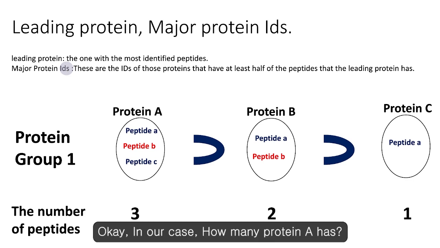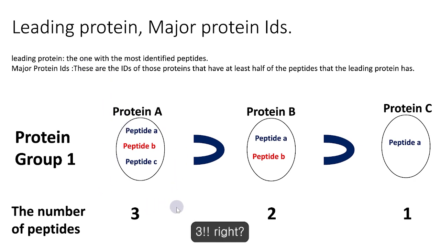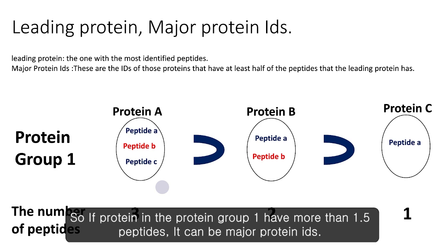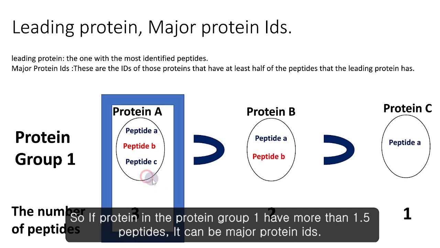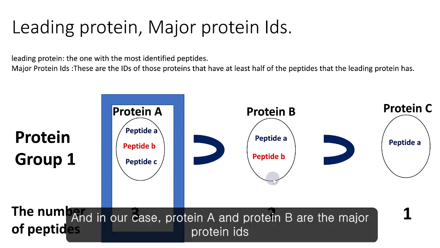In our case, how many does protein A have? 3, right? And what is half of 3? 1.5, right? So if a protein in protein group 1 has more than 1.5 peptides, it can be a major protein ID. In our case, protein A and protein B are the major protein IDs.